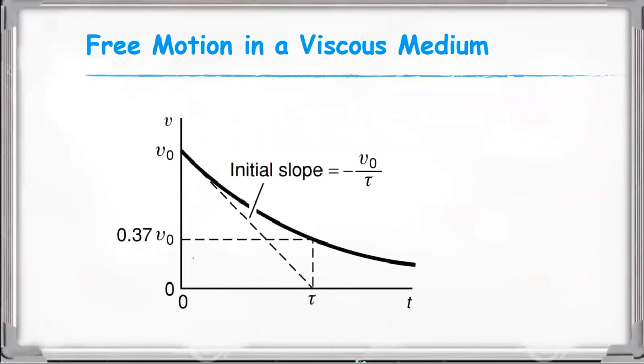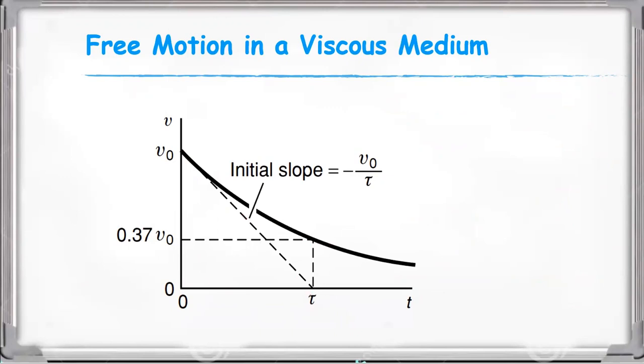Okay, this is a diagram. Here in the y-axis, it is the velocity, and in the x-axis, it is the time. So when time t is equal to 0, the initial velocity is v0. Okay, and when time increases, the velocity decreases exponentially.